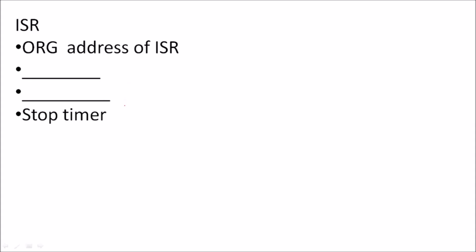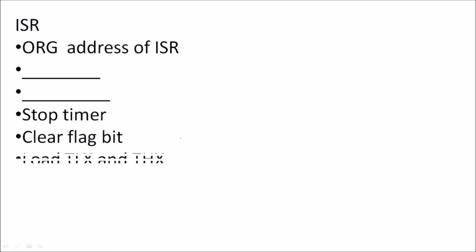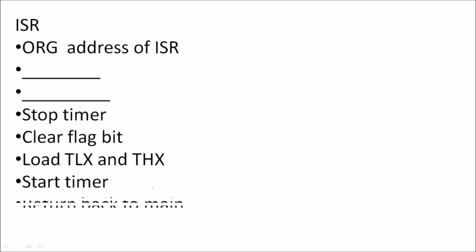After executing these instructions of ISR, stop the timer, clear the flag bit. Actually, interrupt also clears this flag bit, so we can avoid this. Then load again the count register for next operation and start the timer, and then return back to main program. So it will return back to main program and start executing instructions of main program.